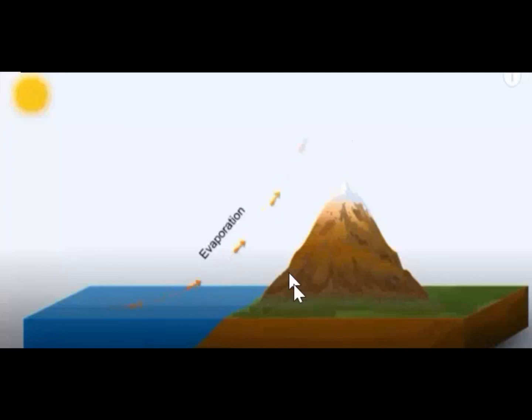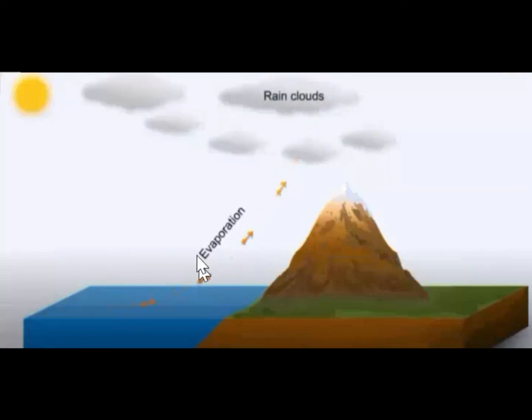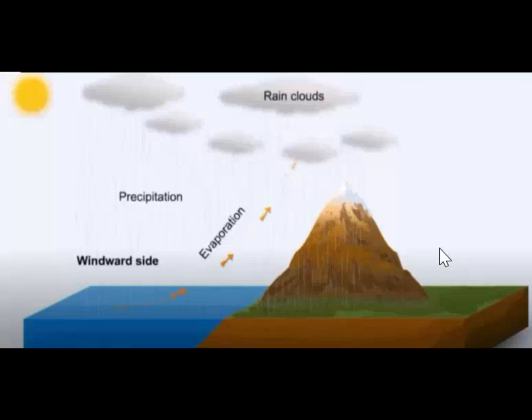After that, orographic rain clouds form, which results in rainfall. And this is the windward side and this is the leeward side. So there will be high precipitation on the windward side and no precipitation or very little precipitation on the leeward side. That is the case of orographic precipitation.